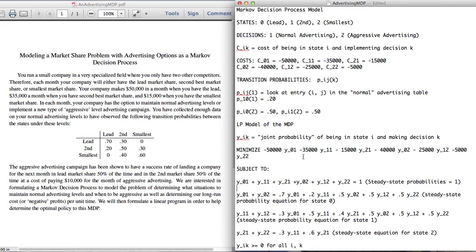This particular problem wouldn't run into an issue, but when we have costs instead of revenue, if we don't include the sum of the y's equal to 1, it's feasible to just have all the y's 0 and still solve the problem. So that concludes this video on formulating this problem as a Markov decision process, and then formulating the LP for it as well.